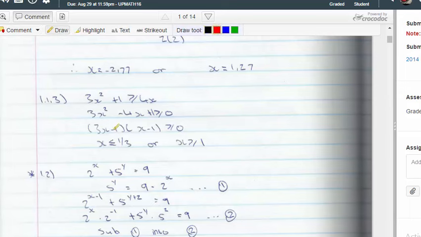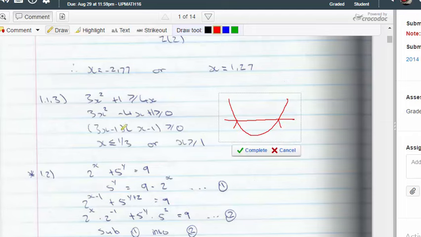How it works is, once you have it at that point, you draw a parabola, and then you have your two intercepts on either side. The one intercept, the smaller one, in this case is a third, and the bigger one is 1.